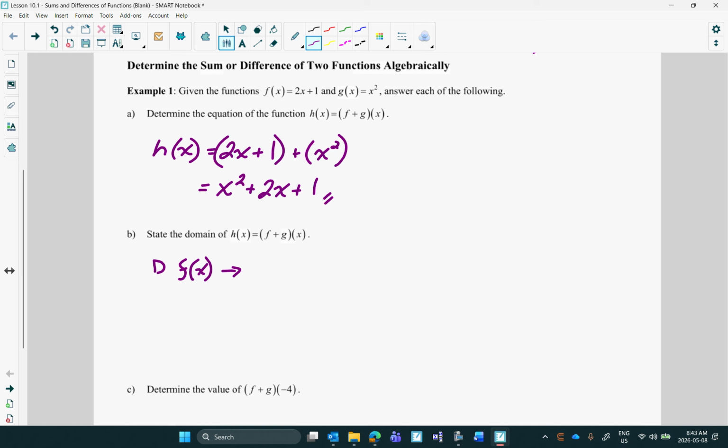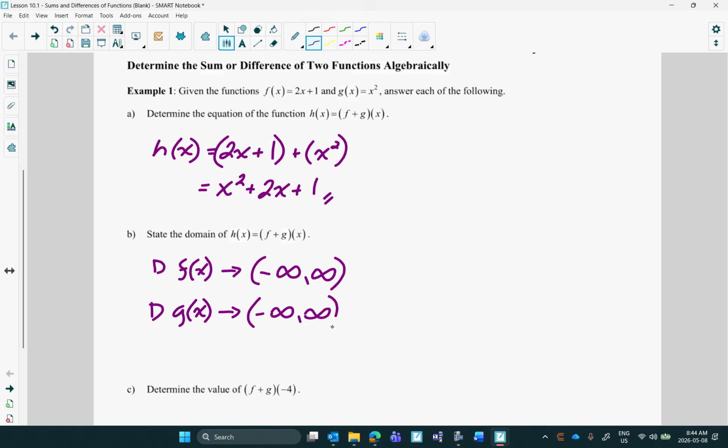And what's the domain of any line? Negative infinity to infinity. If you were to graph this one, what would it look like? A parabola. What's the domain of any parabola? Negative infinity to infinity.